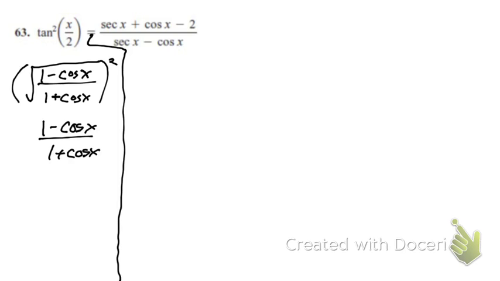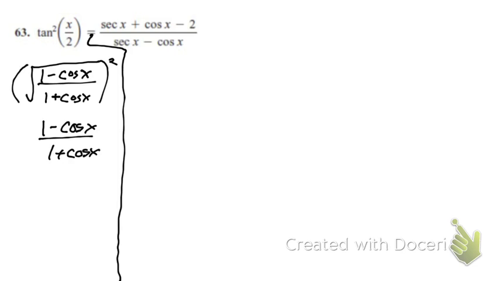Well, here's the thing. I really can't do much more with this. It's pretty much as simplified as I can go. So it's a good sign that maybe I should look at the right-hand side, and there isn't too much I can do except change these secants into cosines.